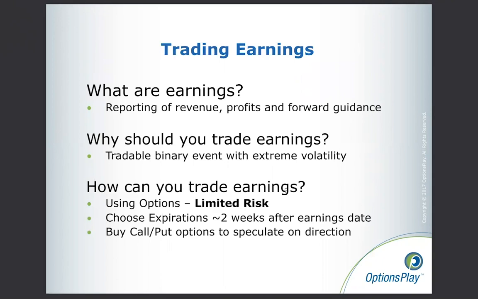That's one of the key reasons why I like to trade options: when I'm right, I get to participate in that direction, but when I'm wrong, I get to limit the amount of risk I take. So buying call and put contracts allows me to speculate in the direction I'm expecting the stock to move. However, it keeps me from losing my shirt, because the amount of money I pay for that call or put is the risk I take with an earnings play.